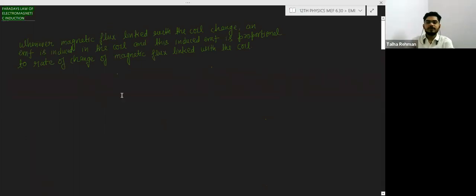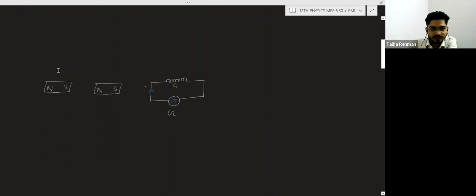So whenever magnetic flux linked with the coil changes, an EMF is induced in the coil, and this induced EMF is proportional to the rate of change of magnetic flux linked with the coil. So before that, see this.